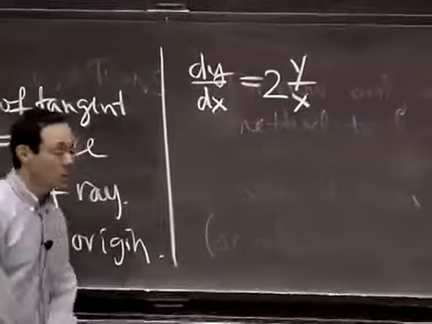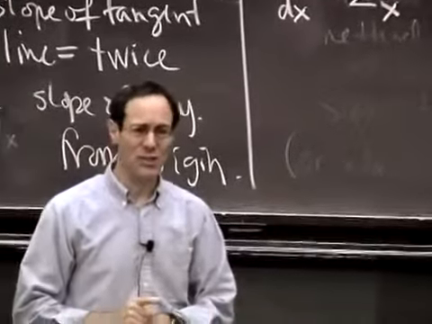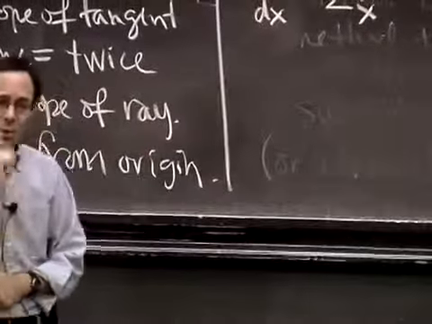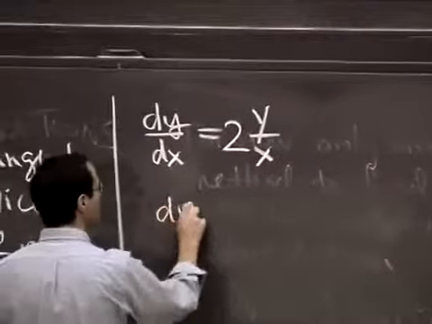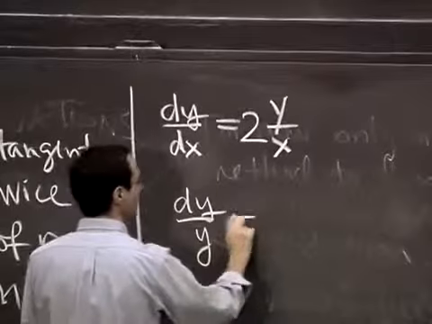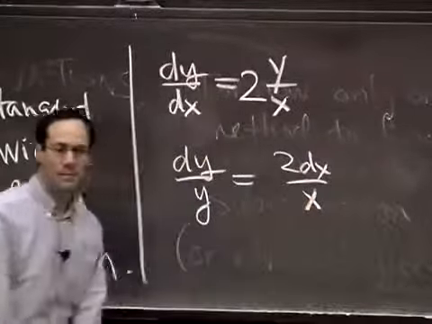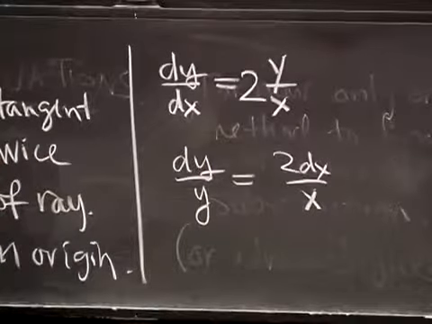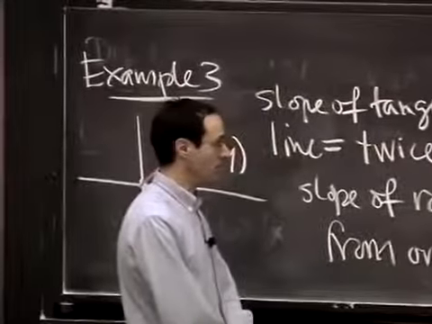Now, we only have one method for solving these equations. So let's use it. It says to separate variables. So I write dy divided by y is equal to 2 dx divided by x. That's the basic separation. That's the procedure that we're always going to use.